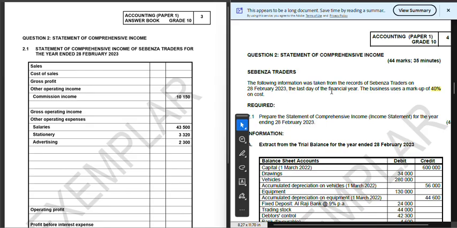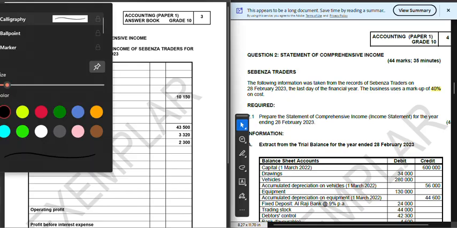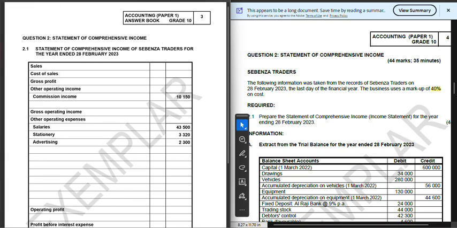If they say that the markup is on cost, that means this markup is calculated on cost. You can see that on the cost we take 40%. So with that information in your mind, you must start thinking, since we have that information, that you take your pen.